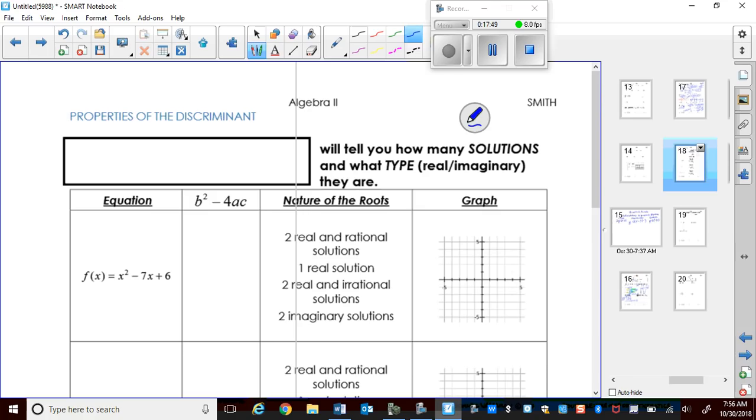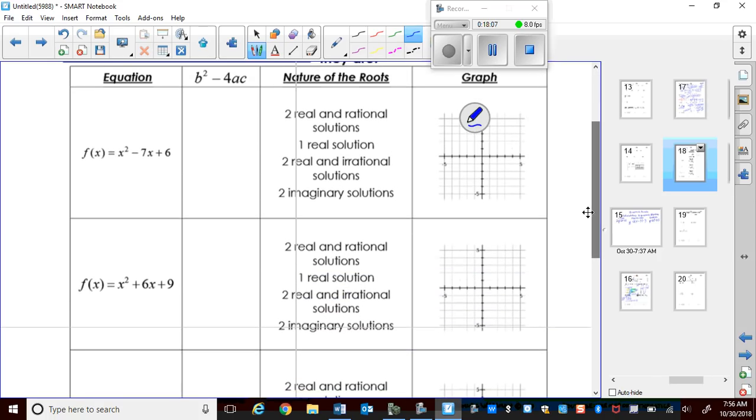Now, the last thing we want to go over is the properties of a discriminant. The discriminant is the portion that will tell you how many solutions and what type of solutions, whether they're real or imaginary. So I told you earlier that if you produce a perfect square, you're producing two real solutions. So if everything inside of here is a perfect square, I'm producing two real solutions.